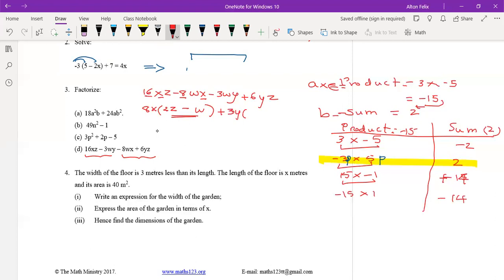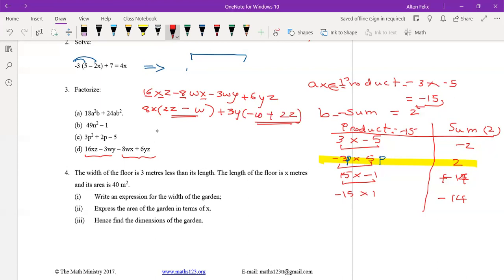You're left with minus w, or minus 1w, which is the same thing. When you multiply minus w by 3y, you get back this, and you're left with plus 2z. Although the term in w is written first, the two sets of terms in both brackets are one and the same. Minus w plus 2z is the same as 2z minus w.